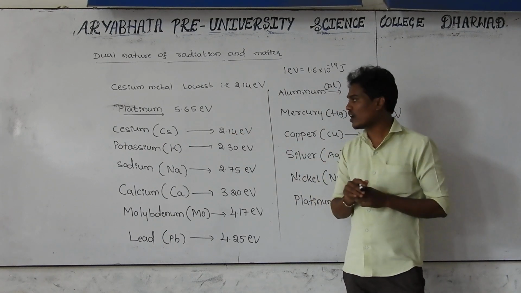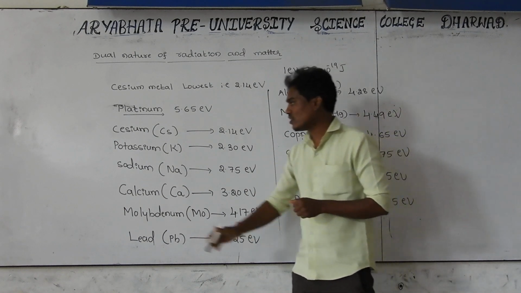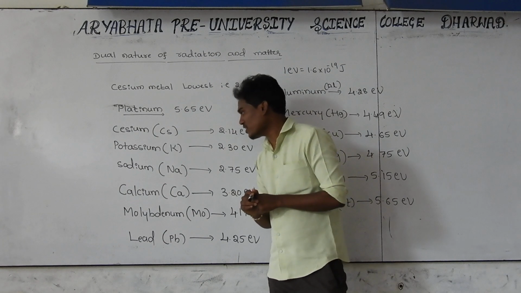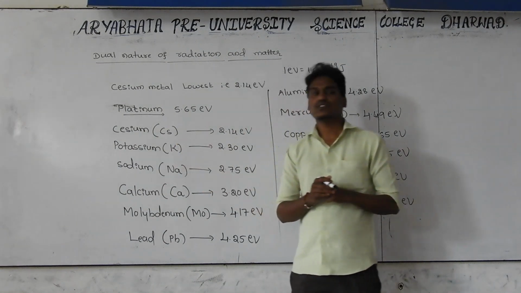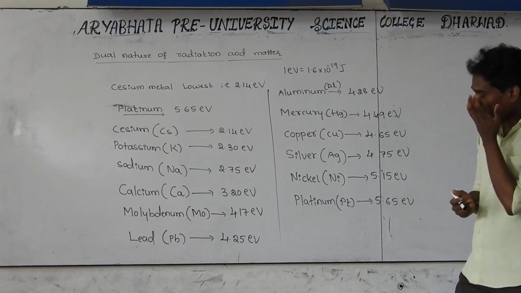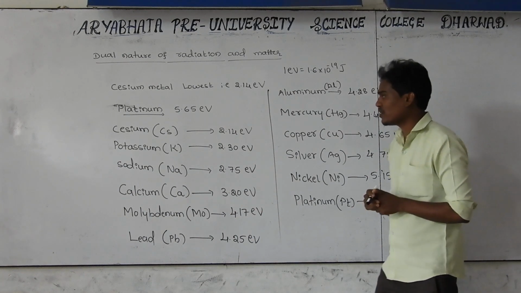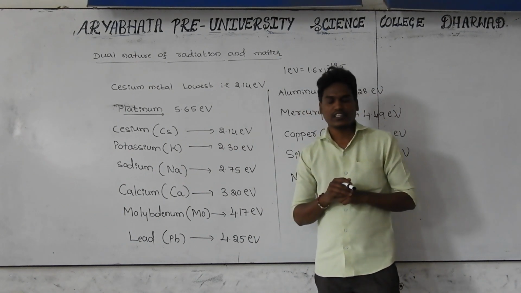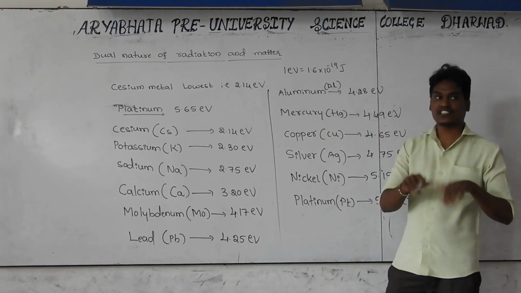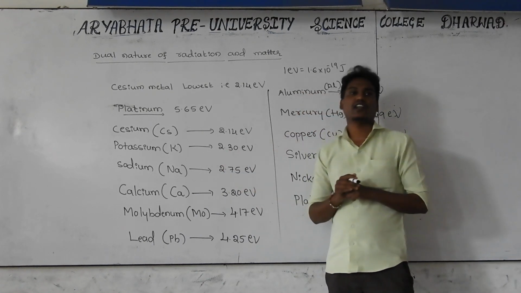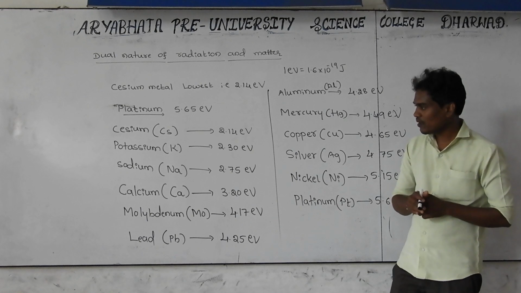And next one, after cesium, there is one more metal, that is the potassium, indicated as K here. In order to emit the electron from the surface of the potassium, the minimum amount of energy required by the potassium metal is 2.30 electron volt. If you supply the energy lesser than 2.30 electron volt, there is no ejection of the electron from the surface of the metal.